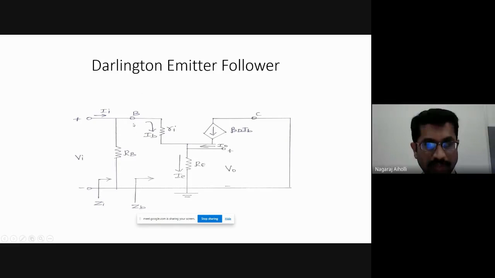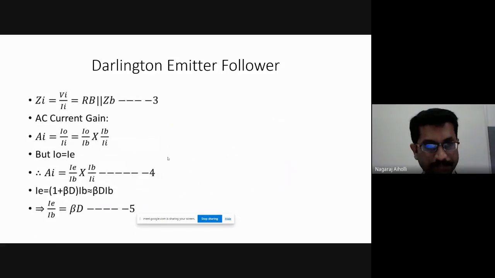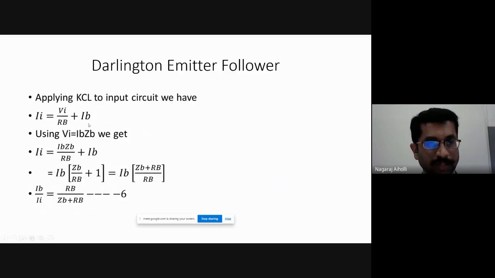VI is equal to IB into ZB. Substitute this VI equals IB ZB in the above equation. II will be equal to IB ZB divided by RB plus IB.